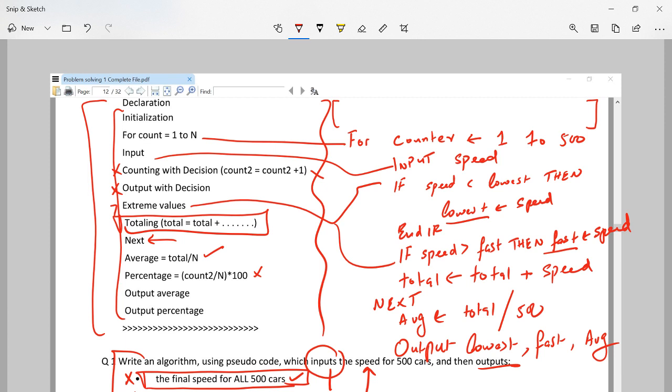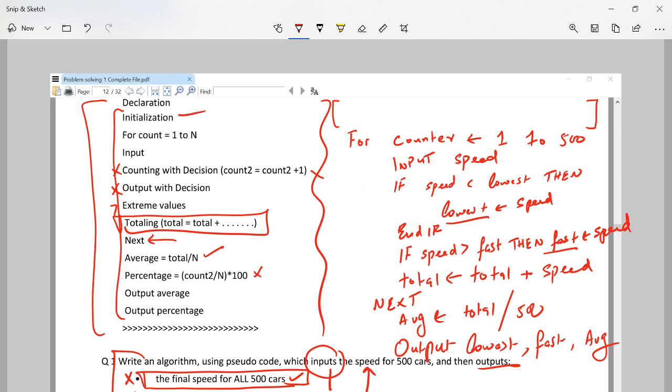Are we done with the program? No, we haven't, because we haven't initialized. So last, let's initialize. All the extreme value variables must be initialized. Lowest will be initialized with a big value. In extreme values, you have to initialize the lowest or smallest with a big positive value, and the bigger one with a low value for the lower bound.